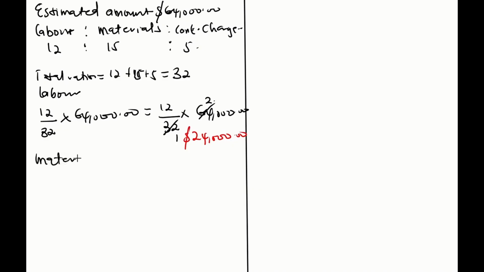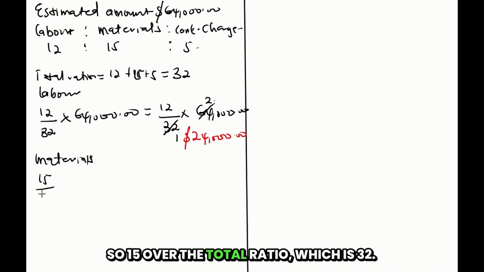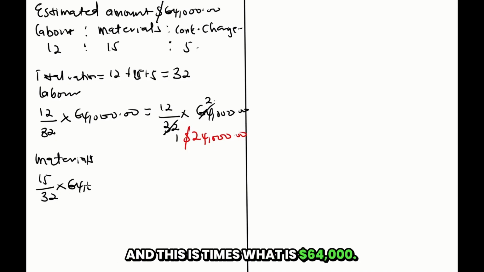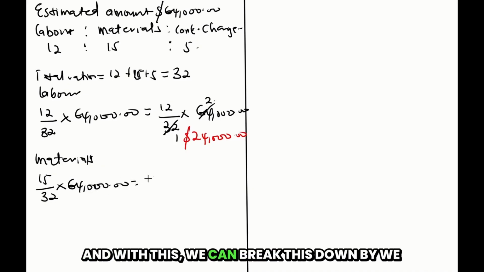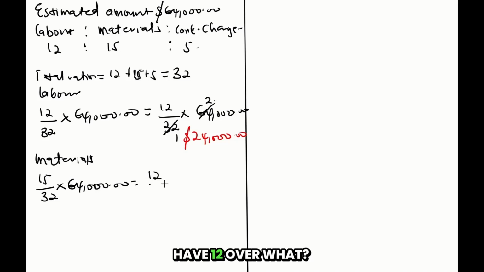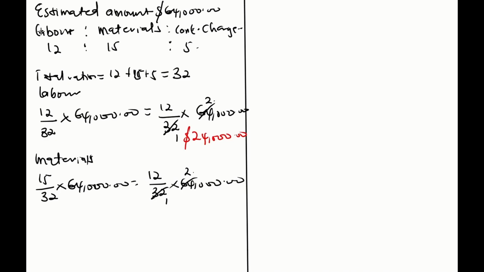Let's also look at materials. For the cost of materials, the ratio is 15. So 15 over the total ratio, which is 32, times the 64,000. We can break this down: 32 goes into 64 two times.